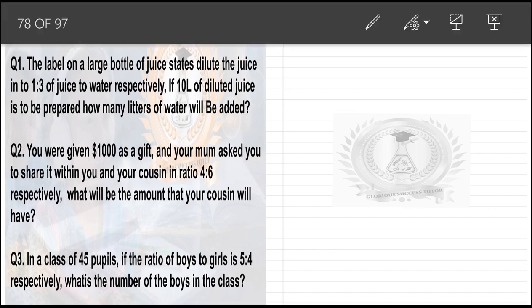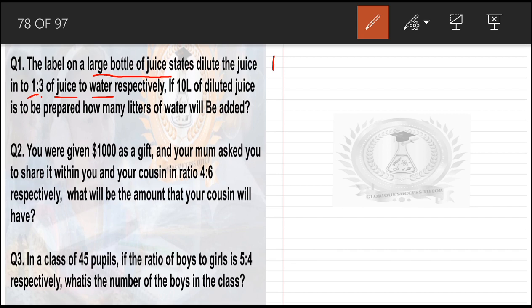The first question goes as: the label on a large bottle of juice states dilute the juice into 1:3 of juice to water respectively. Can you see that now? So I can come up here and say question 1.